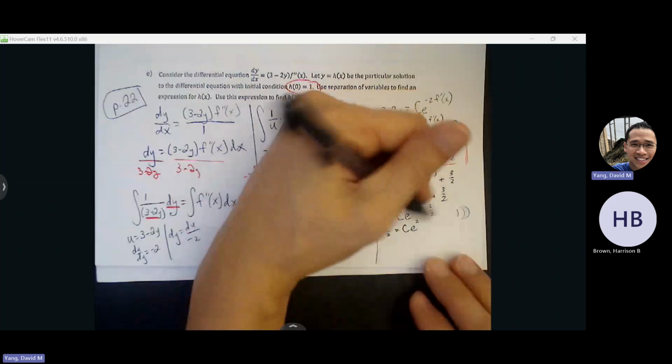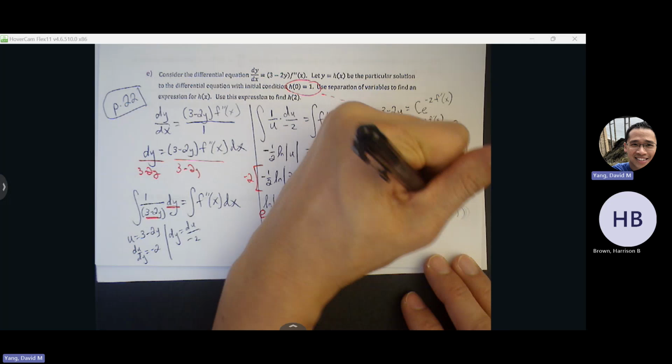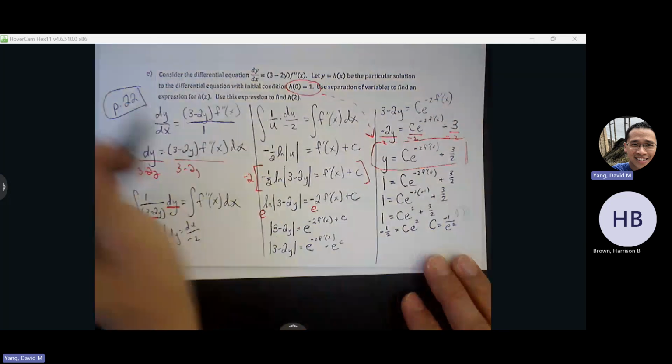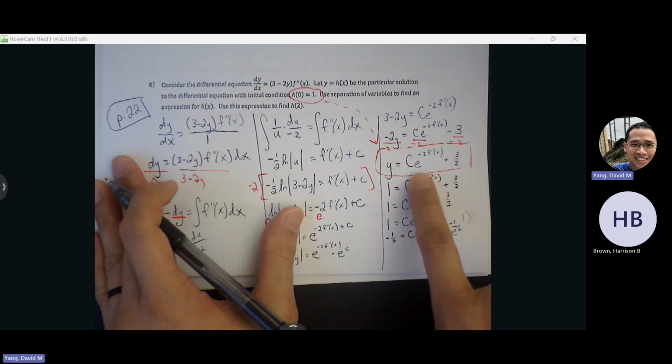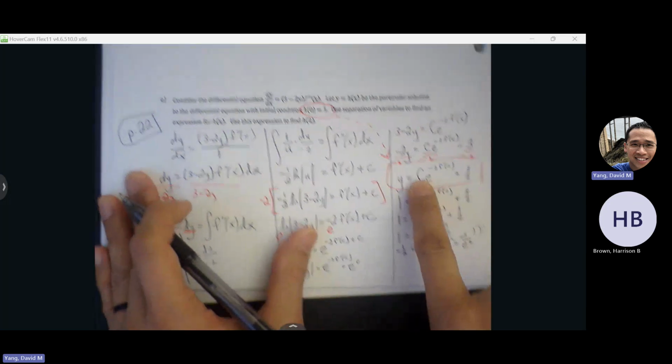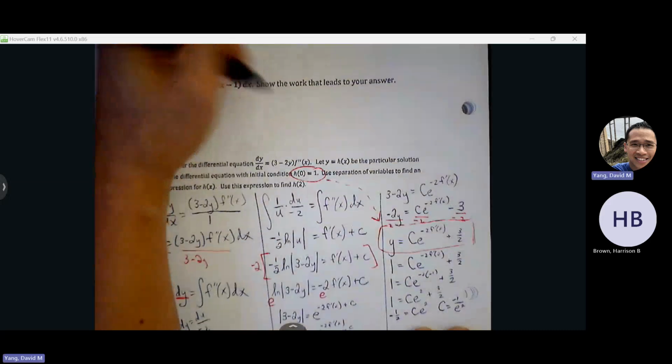Okay, divide both sides by e squared. C is equal to -1 over e squared. All right, so now that I have my c value, I'm going to go ahead and plug that in. And then now I can use that to find h of 2. I'll put that up here.